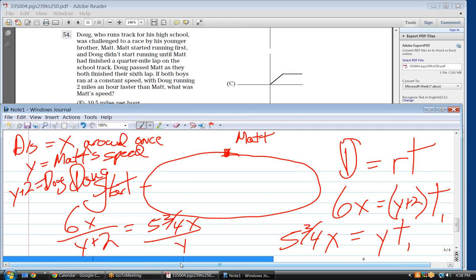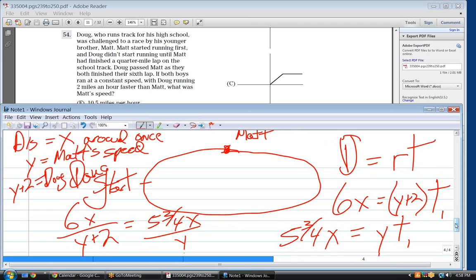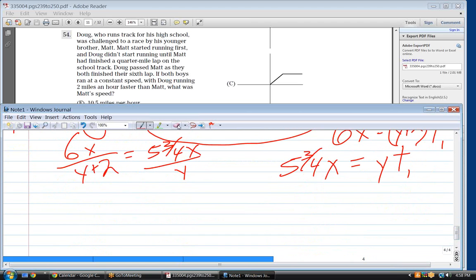Well, that works. That's going to let us solve it. First, I didn't think it would because we have 1 equation and 2 unknowns. But notice the x's disappear. Yes, it does work.